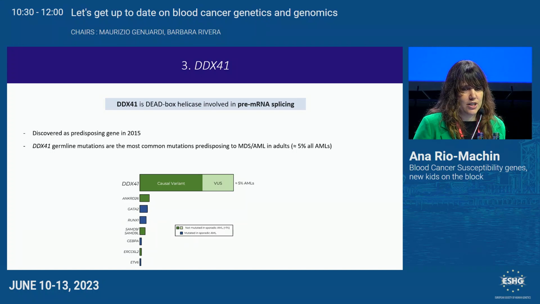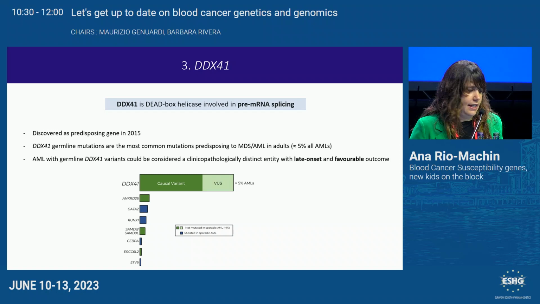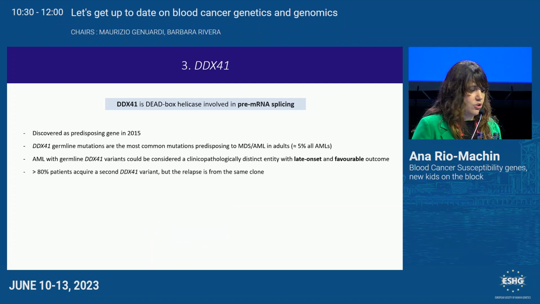We need biomarkers, pathogenicity, or something to manage these patients with VUS DDX41 variants. It's also interesting to mention that more than 80% of the patients acquire a DDX41 variant, but the relapse in DDX41 is from the same clone in this case, differently from what we've seen for CEBPA.